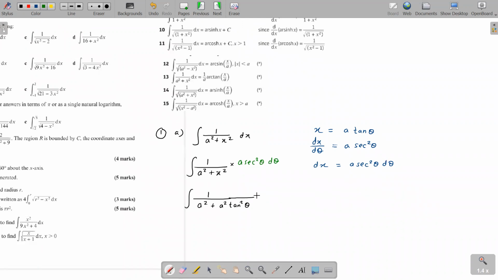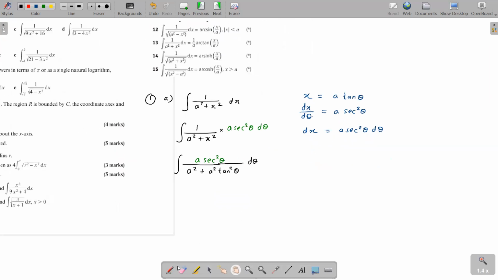On top we have a sec square theta. Let's take the a square out: 1 over a square, then I get here 1 plus tan square theta.